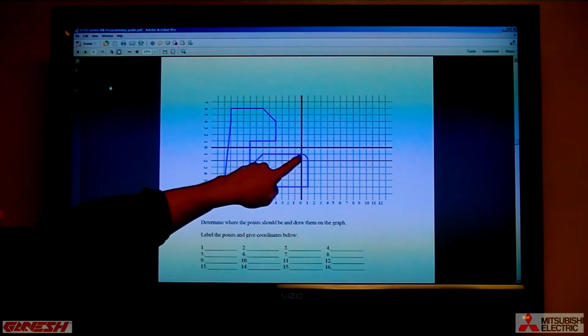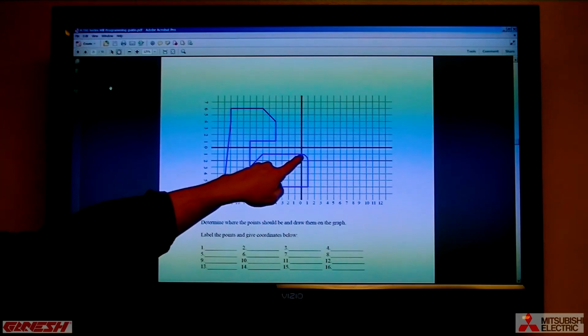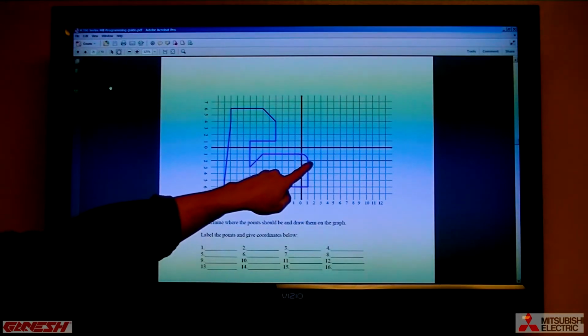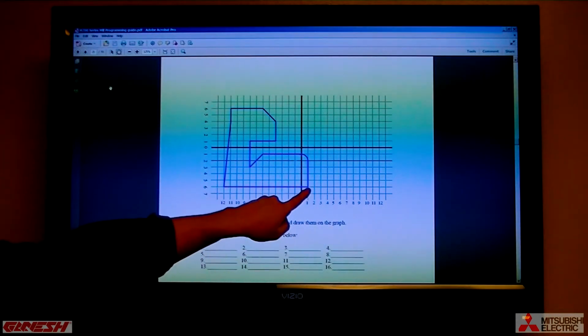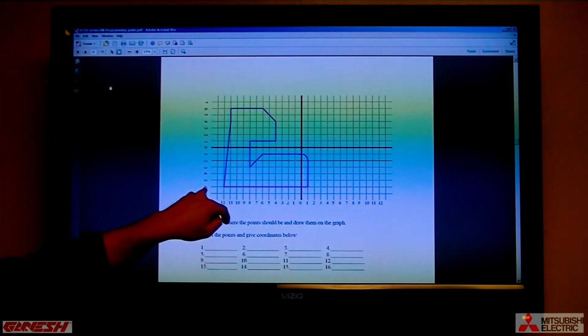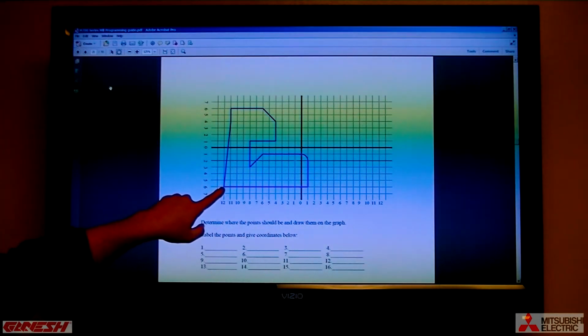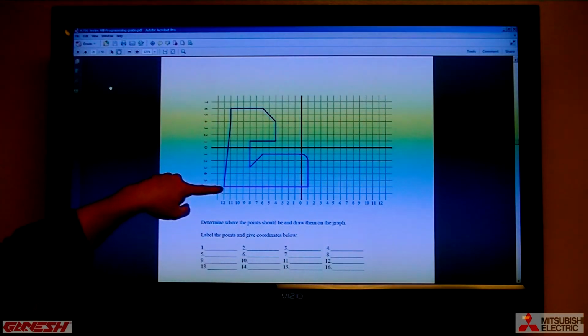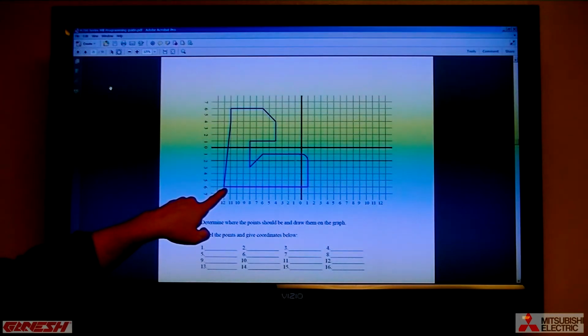The beginning of this circle, as we said before, was at x0, y minus 1. The end of our circle was at x1, y minus 2. This point here is at x1, y minus 6. Coming over to this point is at x minus 12, y minus 6.